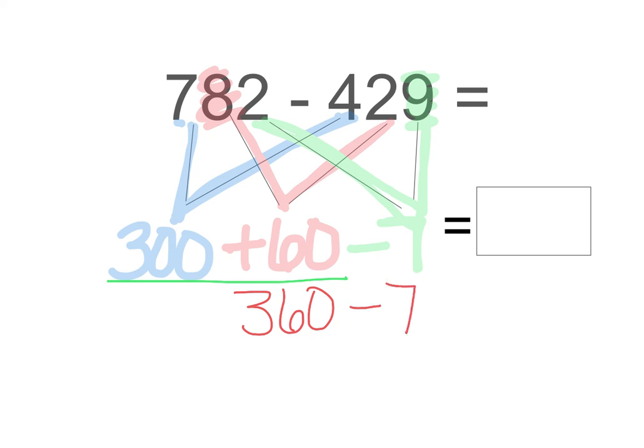Now that might seem like kind of a hard problem, but think about your partners. You know that 7's partner is a 3, and that will get you to the next 10. So 60 minus 7 is 53, and we didn't do anything to the 300. So it's 353.